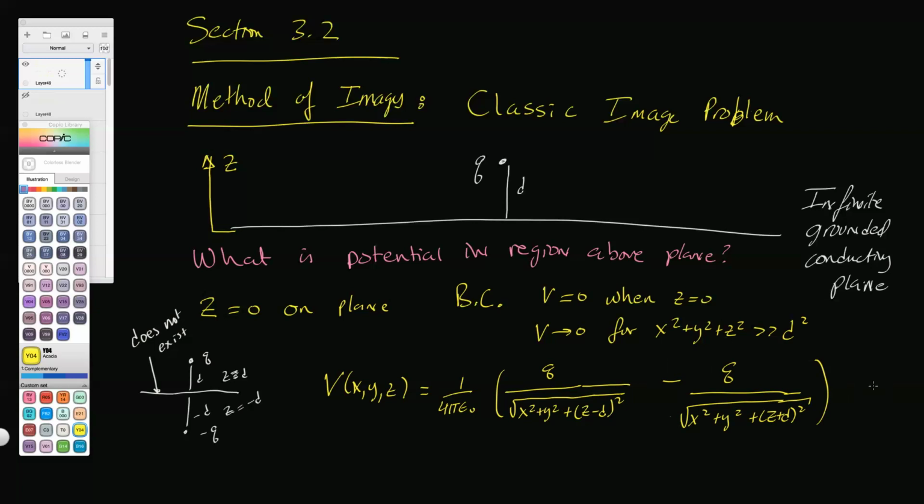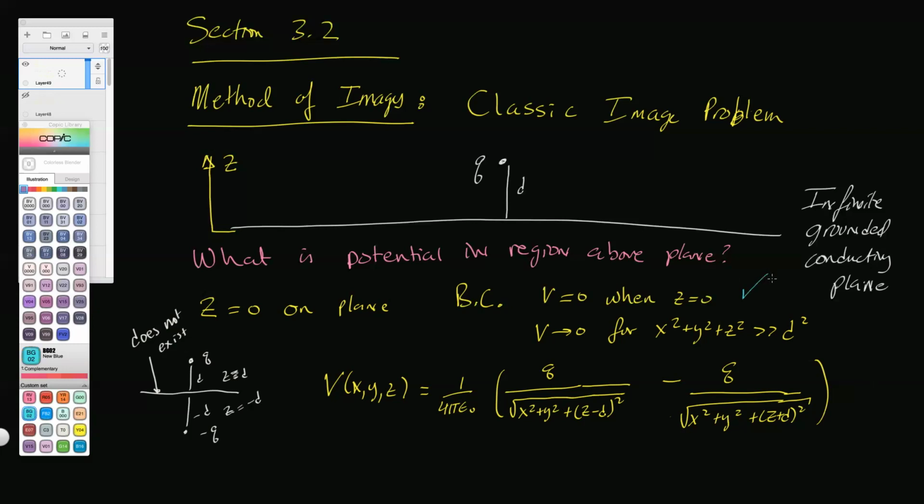All right, well, that's a candidate. Now we've got to figure out: does that satisfy the boundary conditions? Well, let's see. The first one, when z equals 0, take a look at it. Tell me, do you get V equals 0 when z equals 0? Yeah. Okay. Check on the first one.